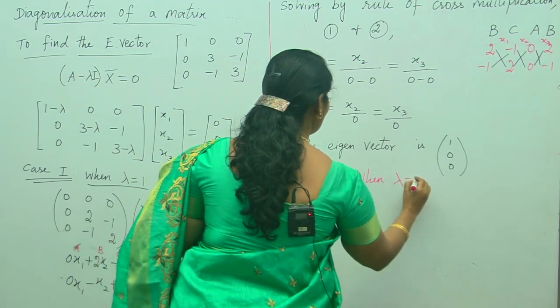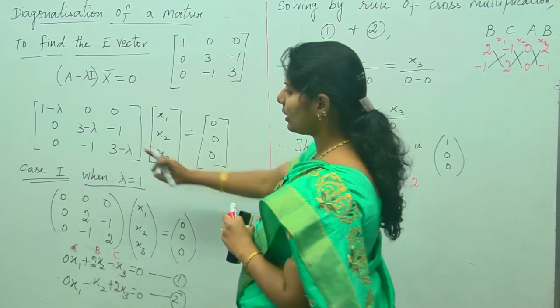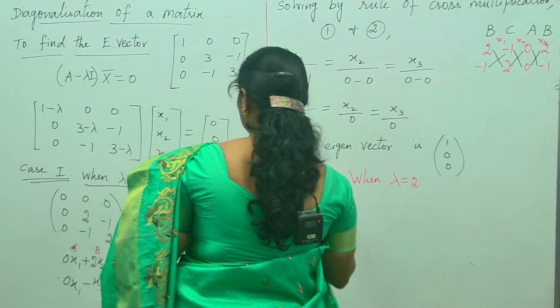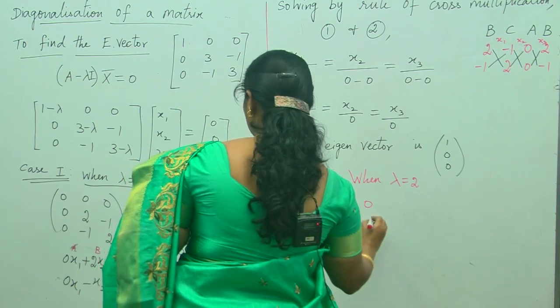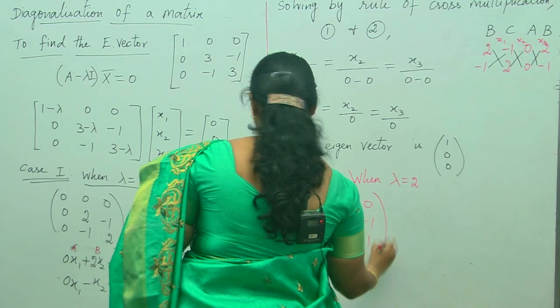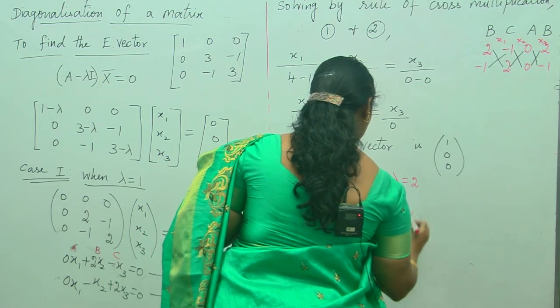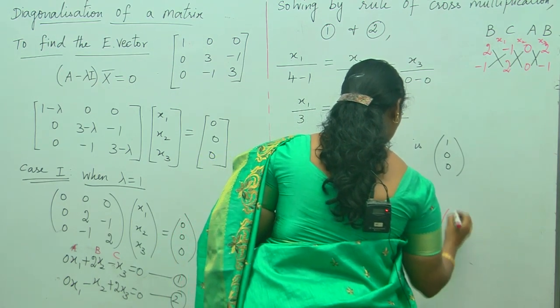When lambda is equal to 2, what do you get? Directly I will substitute it and get the reduced matrix. I will get -1, 0, 0, 0, 1, -1, 0, -1, 1. [x1, x2, x3] equals [0, 0, 0].